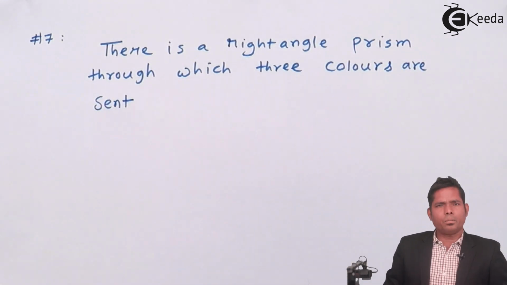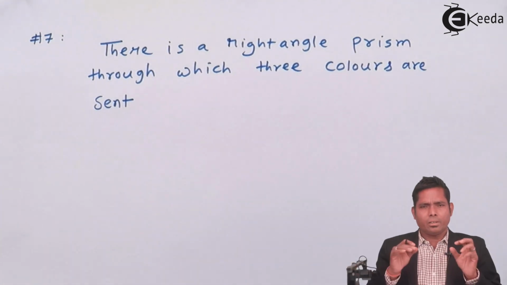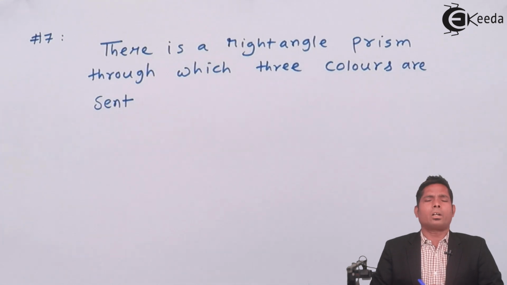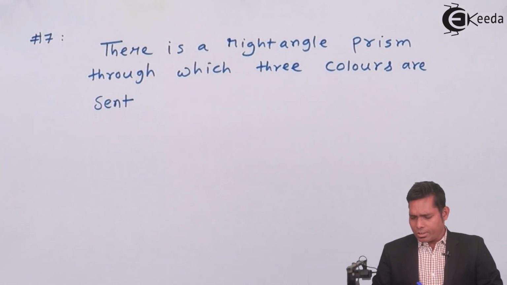there is a right angle prism through which 3 colors are sent, and we'll see out of these 3 how many are undergoing TIR, total internal reflections.